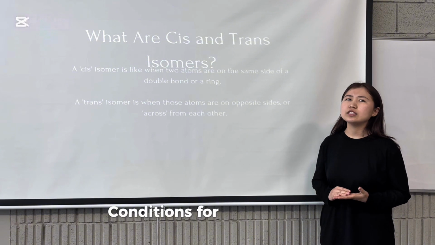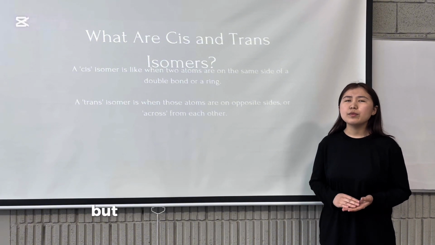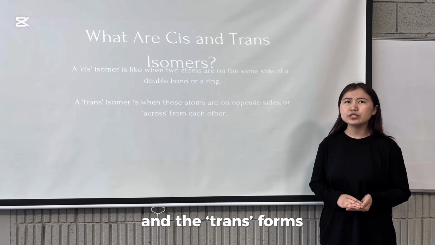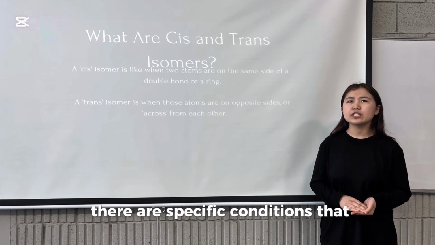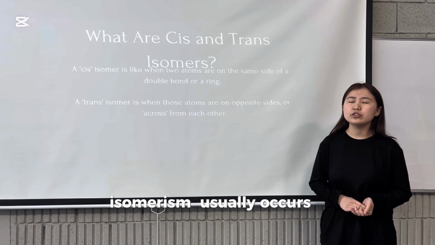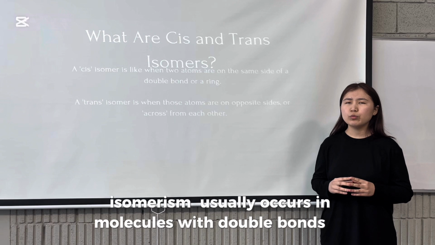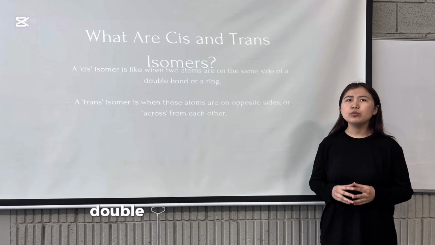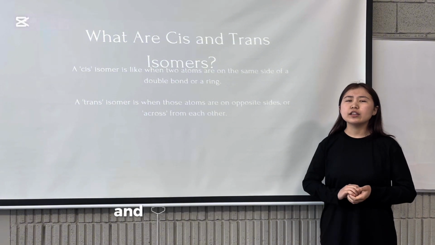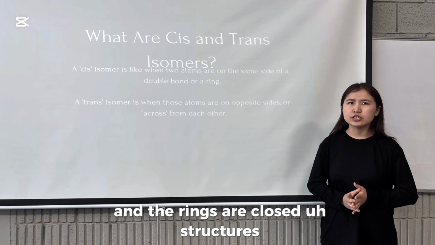Conditions for cis-trans isomerism. Not every molecule can have cis and trans forms. There are specific conditions that have to be met. First, this type of isomerism usually occurs in molecules with double bonds or rings. Double bonds are like strong, rigid connections between two atoms, and rings are closed structures.